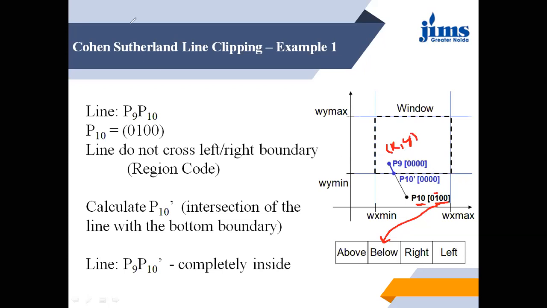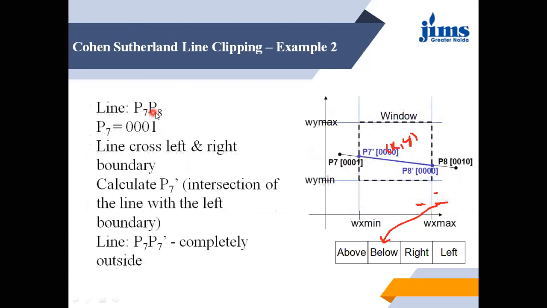In the second example, you can see over here the second line, that is P7 and P8, where the region coordinates of P7 is 0 0 0 1, and the last bit, that is the fourth bit, is 1, and this fourth bit represents left. It means it is left of the window.